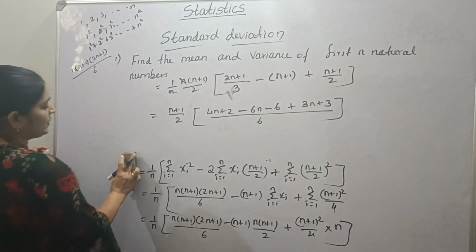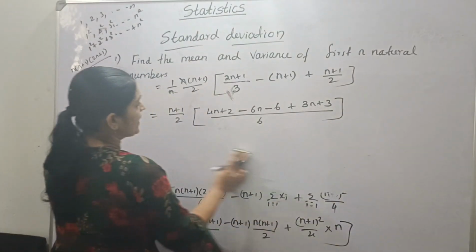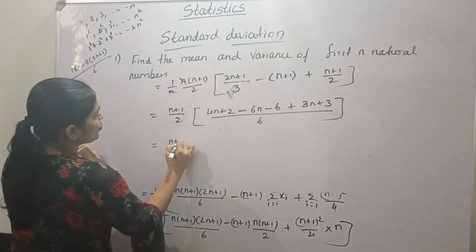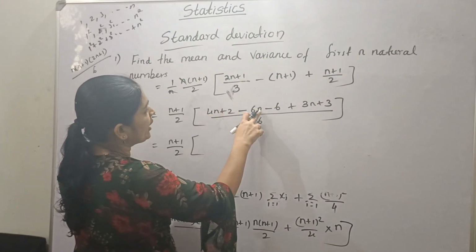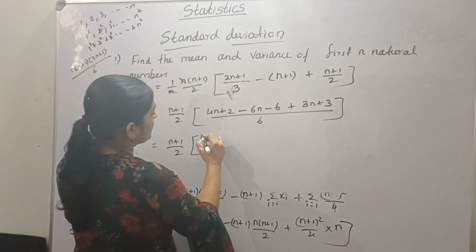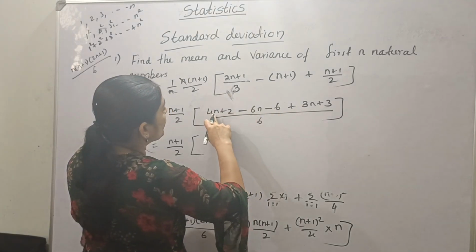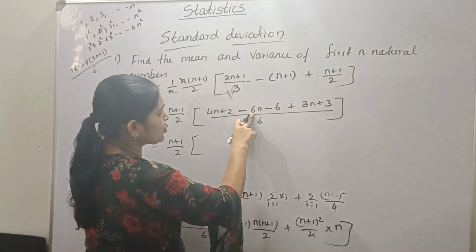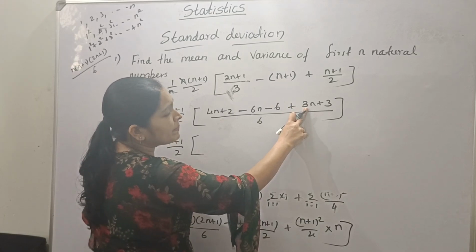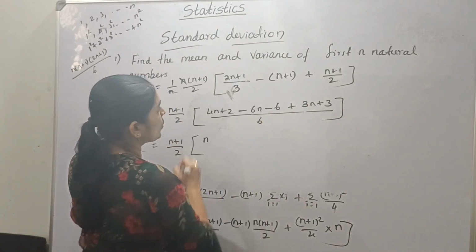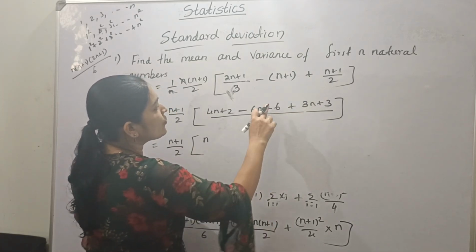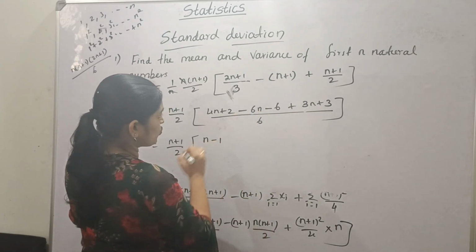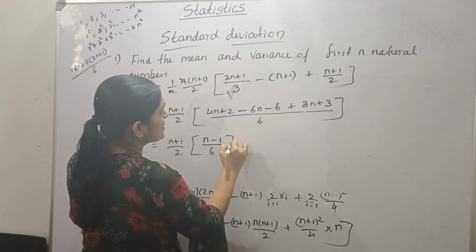Okay. Then next, n plus 1 by 2 into, here 4n minus 6n is minus 2n, minus 2n plus 3n is n, plus 2 plus 3 is 5, 5 minus 6 is minus 1, divided by 6.